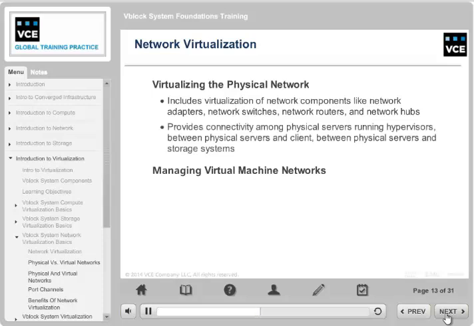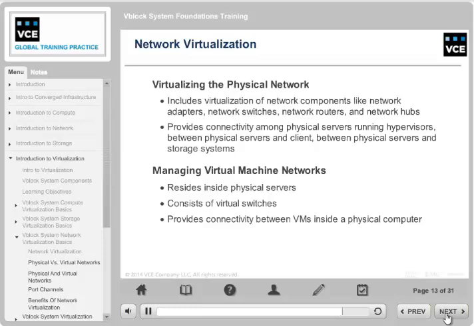Network virtualization encompasses all of the interconnectivity of both physical and virtual resources. Within physical hosts running multiple virtual machines, there is a virtual network managed by the hypervisor and including one or more virtual switches. The virtual switches provide network connectivity between VMs and can connect to the physical network to allow communication with other devices.